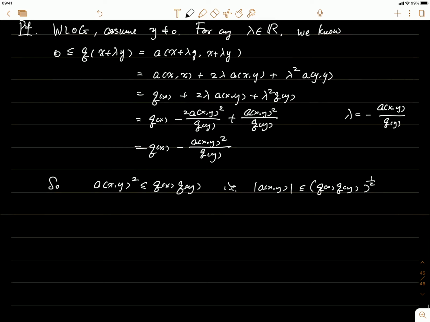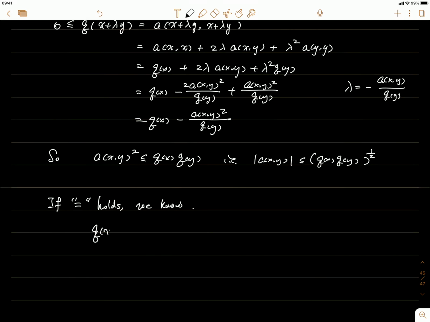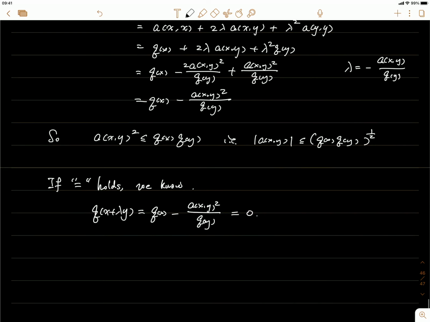Okay, so now let's see in which case this inequality becomes equality. If it is equality, then we know that Q of x plus lambda y squared is equal to Q(x) squared minus A(x,y) squared over Q(y) squared, which is always true, and this is equal to 0.